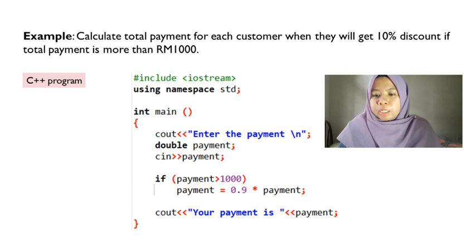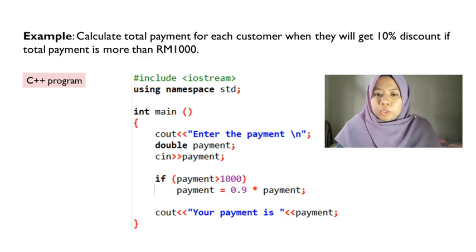If the payment is more than 1,000, the payment will be 0.9 times payment. Then you display the payment using the output statement, which is cout. Your payment is the payment. Don't forget to call the payment itself. Okay, try it at home, try it yourself.